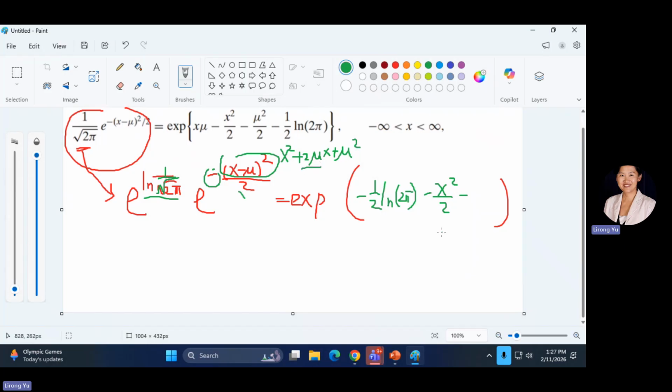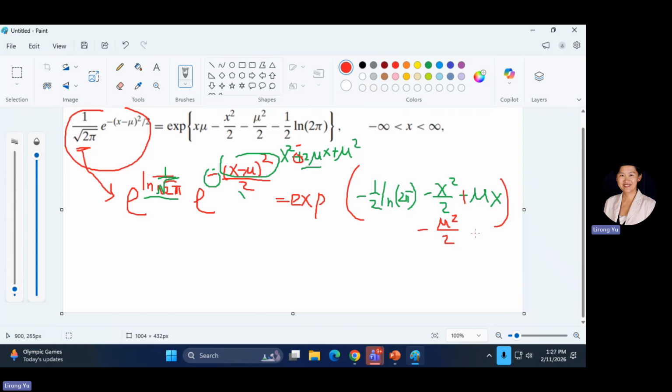The 2 will cancel, so negative mu x. Oh, there was a negative sign, so that one was negative, so this one is positive. Negative times negative is positive. And then the last one was a negative mu squared over 2. So we got positive x mu.